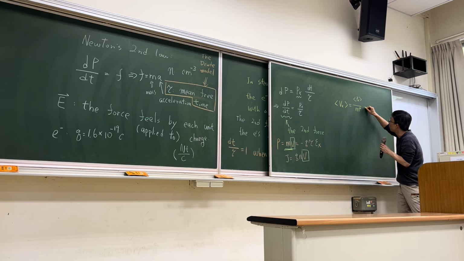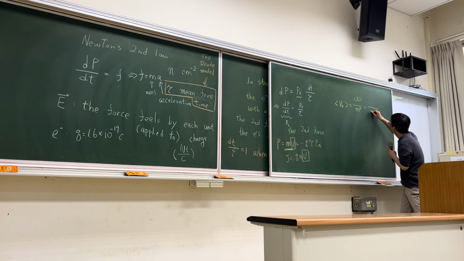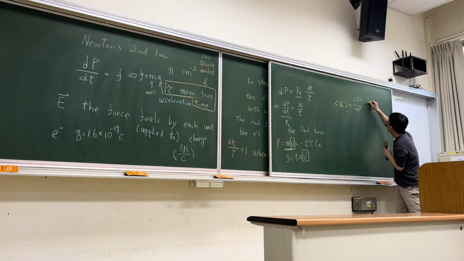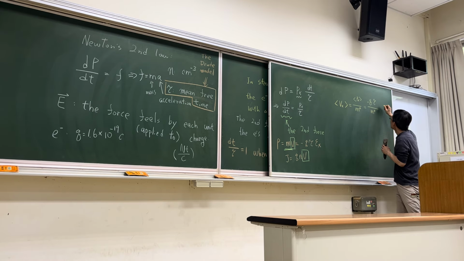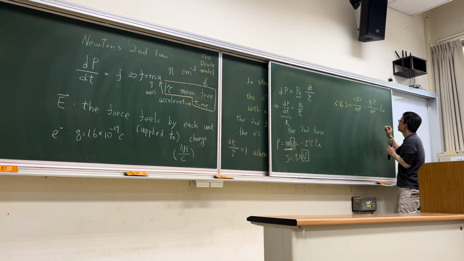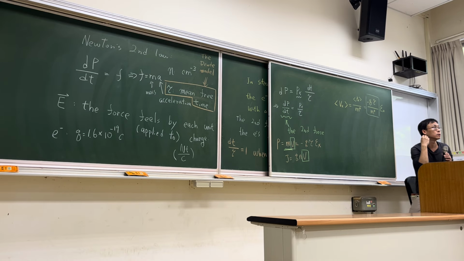It is related to the electrical field: minus Q times tau times the electrical field. So the total ratio given here has a very important name. We call it mobility.